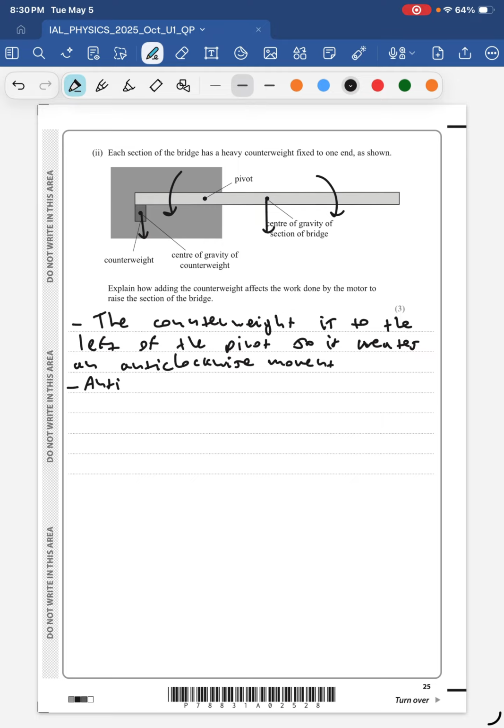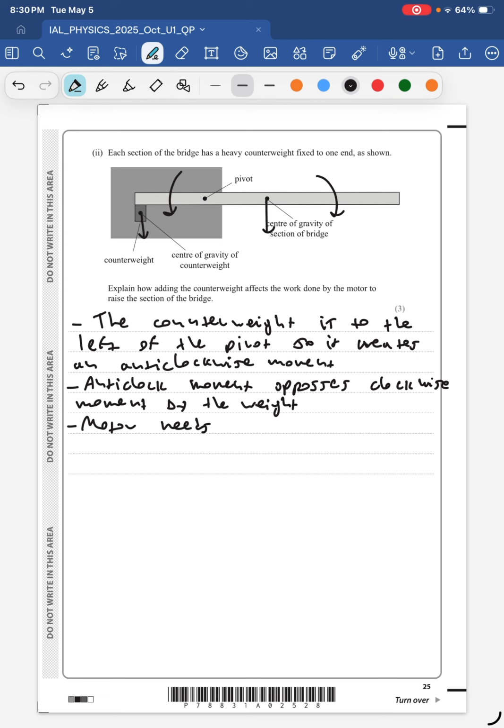So the anti-clockwise moment opposes the clockwise moment by the weight. Okay, the motor needs to provide a smaller moment for equilibrium.